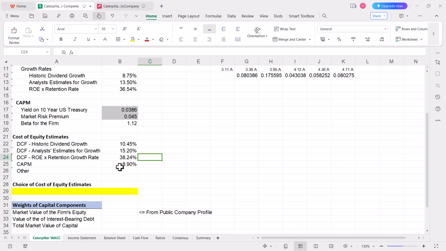So this estimate here is arbitrarily high, and the reason why is because over the last several years Caterpillar has been repurchasing its stock, and the effect is that it pushes up the ROE. If you remember from the modified DuPont analysis, as the equity multiplier, in other words the percentage of the assets that are financed with debt, goes up, the ROE increases.